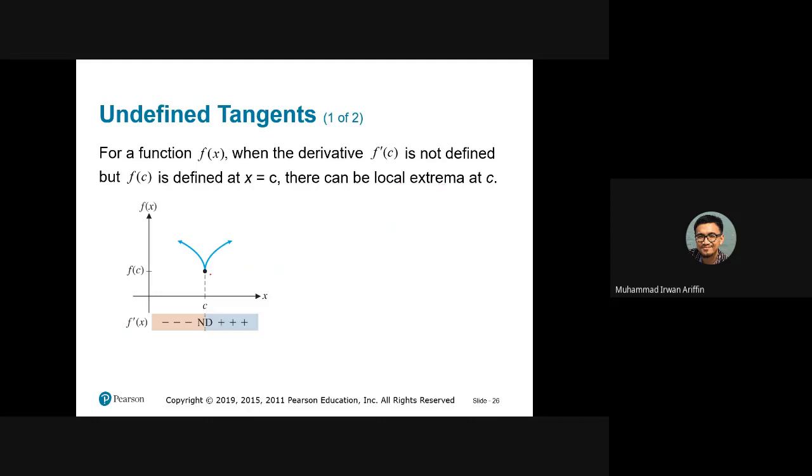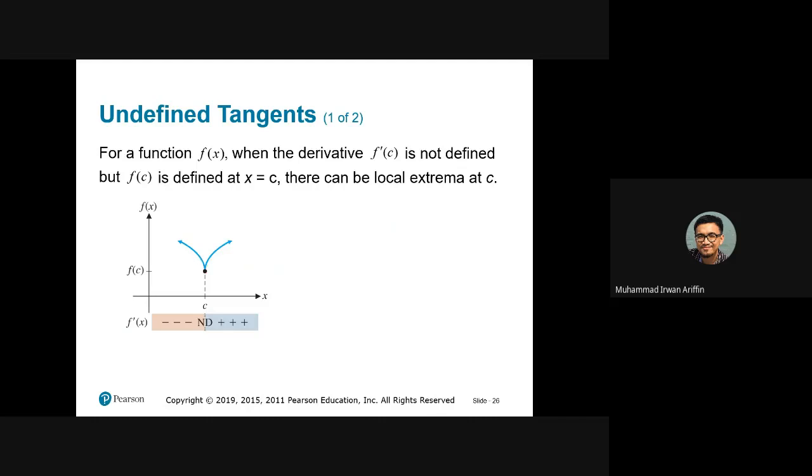Can you find the slope of the tangent line? We don't have one tangent line here, isn't it? We can have multiple tangent lines here that only touch this point once. In that case, the derivative is undefined, but the function itself is defined because it is still continuous here.